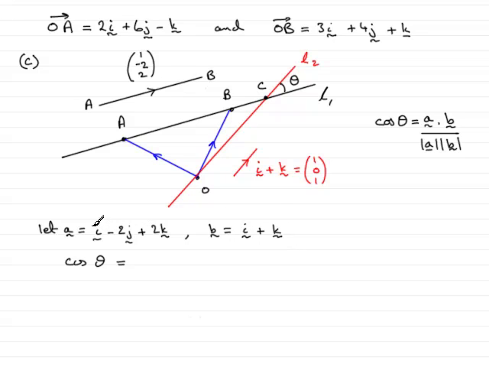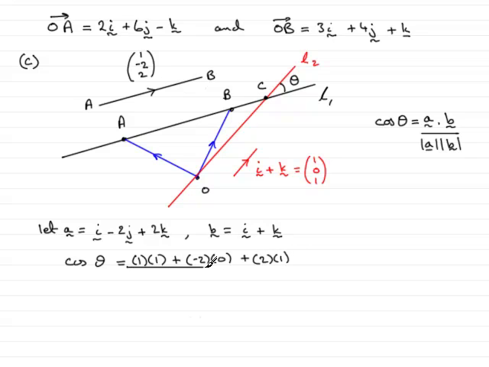So in other words, we have a 1 here and a 1 here, so that would be 1 times 1. Then we add it to the product of the j components, so that's negative 2 multiplied by the j component here, which is 0. Then add the k component here, 2, multiplied by the k component here, 1.